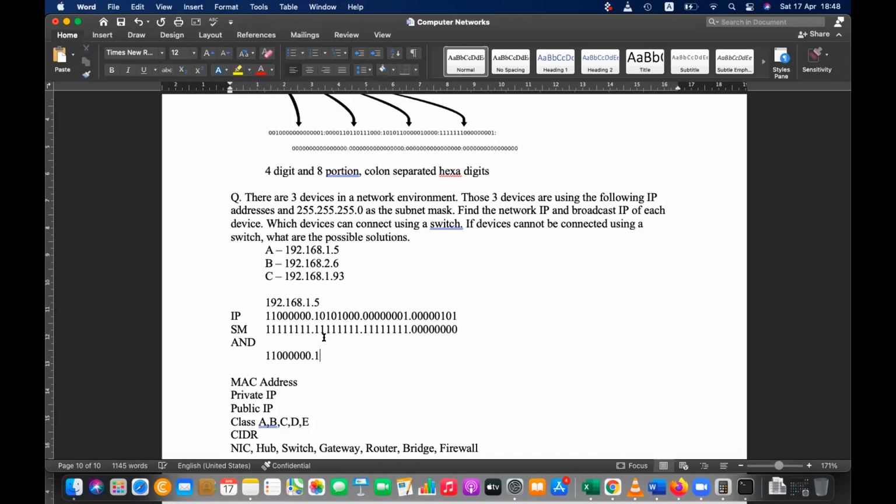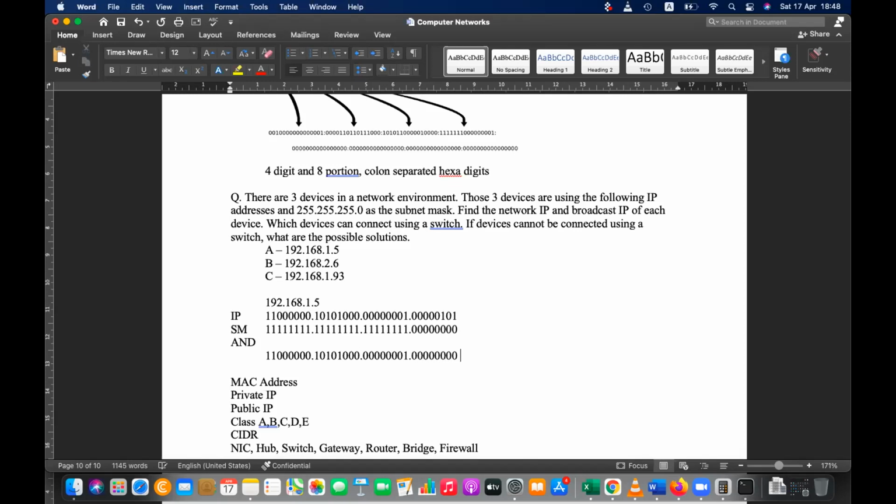This is 1 and 0, it's 0. 1 and 1 is 1. 0 and 1, it's 0. 1 and 1, it's 1. The next one will be 0, all will become zeros, except the last one, which will become 1. So the last octet is all zeros.